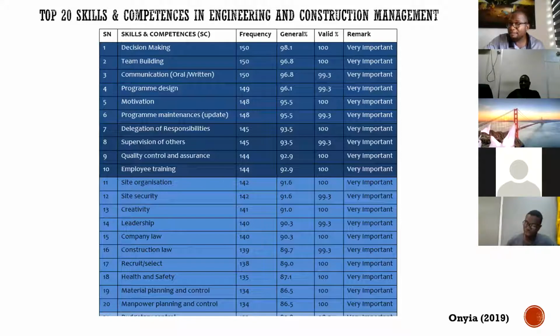So even if I have a basic experience of designs, for the projects that I do, I still look for my colleagues who are professors or doctors of structural analysis or structural design to work with me. So you need a team of professionals in engineering. You can't do without it. So engineers identified team building as the second most important, after decision making.